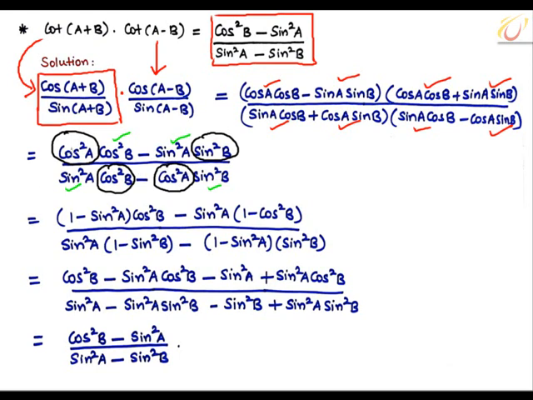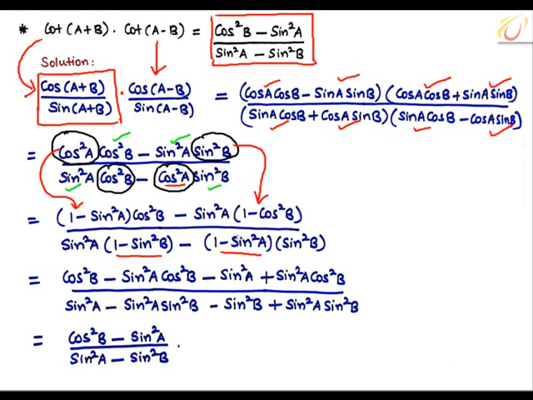Can I write my cos square A as 1 minus sin square A? Can I write my sin square B as 1 minus cos square B? Can I write my sin square A, sorry, cos square B, as 1 minus sin square B? Can I write my cos square A as 1 minus sin square A?